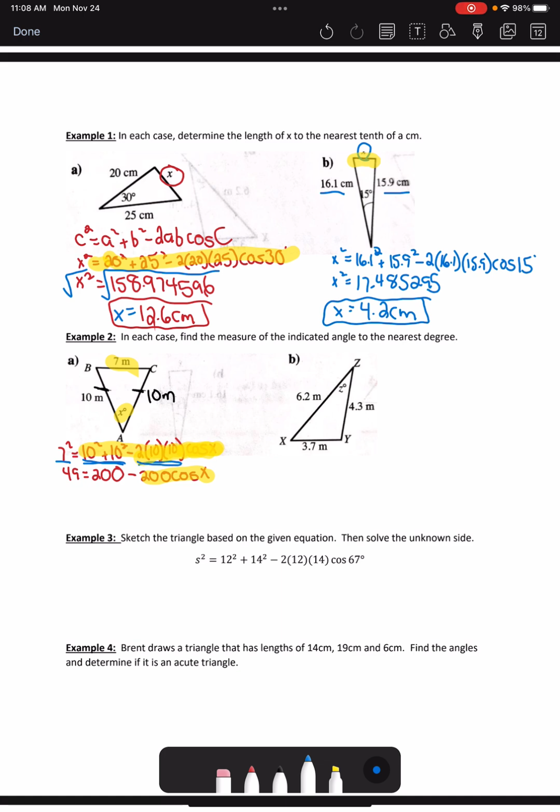Now from here we've got a little bit of algebra, so we're going to subtract that 200 over. 49 minus 200 gives me negative 151 equals negative 200 cos x. Then I divide the negative 200 over.